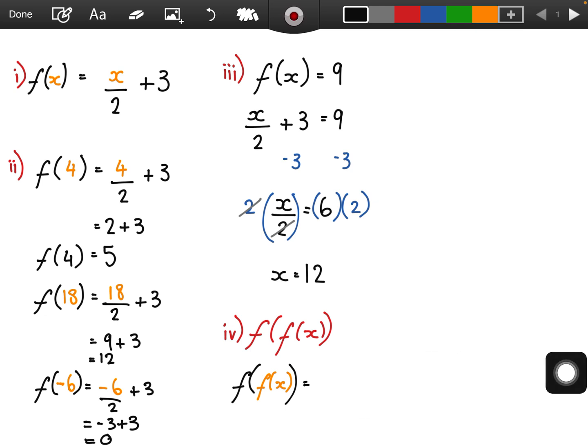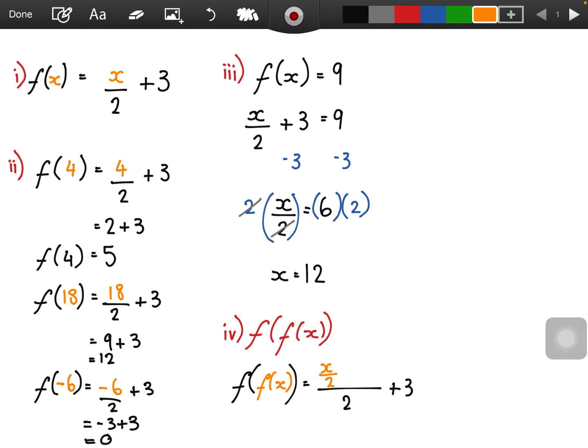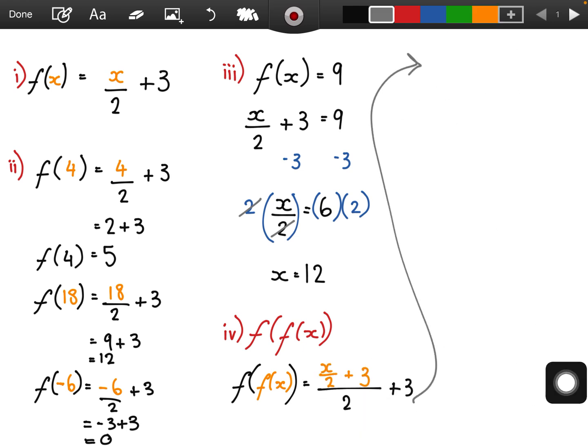So I have something divided by 2 plus 3, and what is being divided by 2 plus 3 is the function. So the function is x over 2 plus 3. I am going to run out of space here, so I'm just going to go up here.